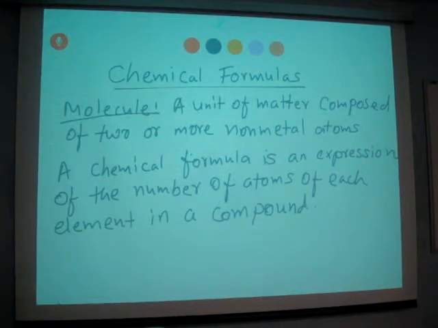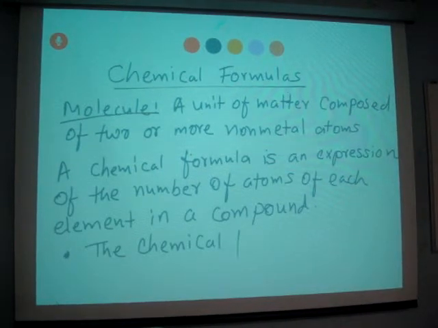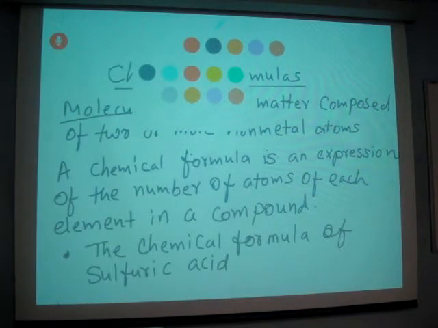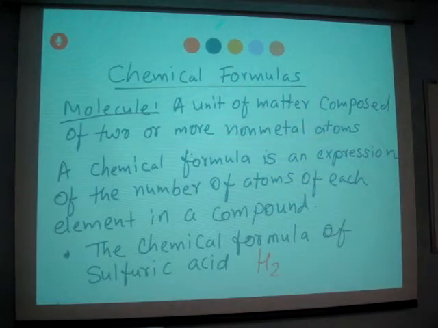So, for example, the chemical formula of sulfuric acid, we can write H2SO4. So that way we can write chemical formulas.